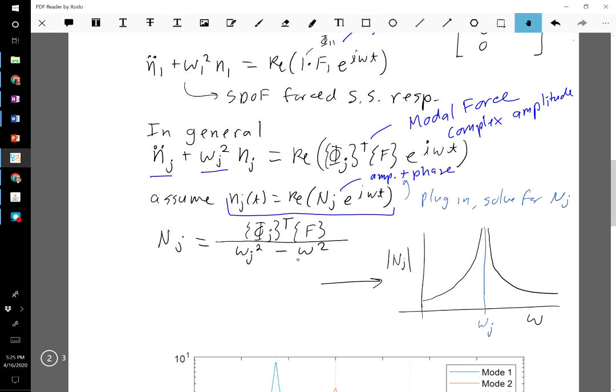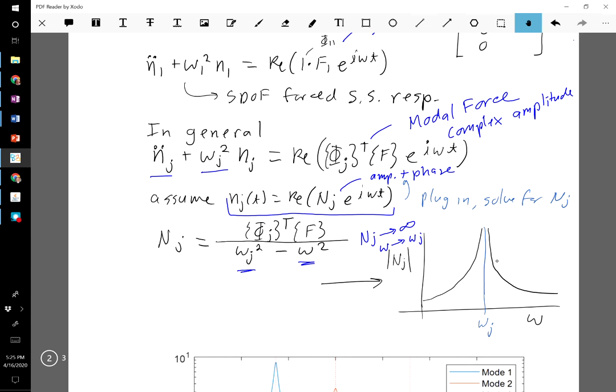And we could plot this. We know what's going to happen is that when omega approaches the natural frequency, this will go to 0, and N will go to infinity as omega approaches omega j. So if we plot the magnitude of N, we'd see something with a singularity right at the jth natural frequency.